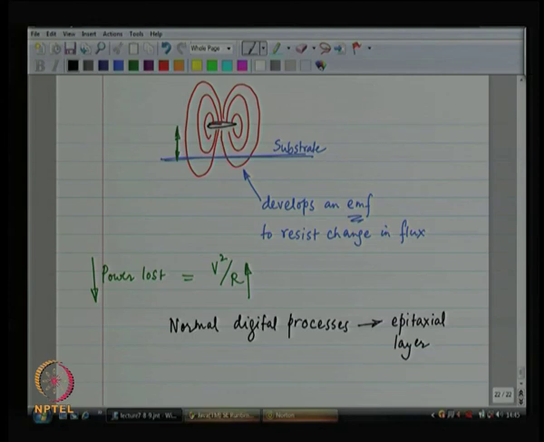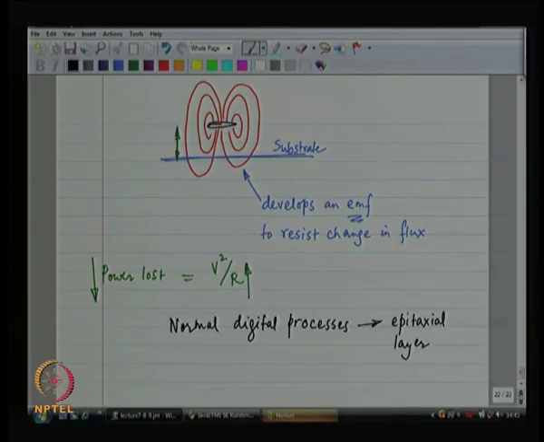Okay. Now, if you are making an inductor and you have an epitaxial layer, it is bad news, because there is going to be a huge amount of power lost in the substrate.